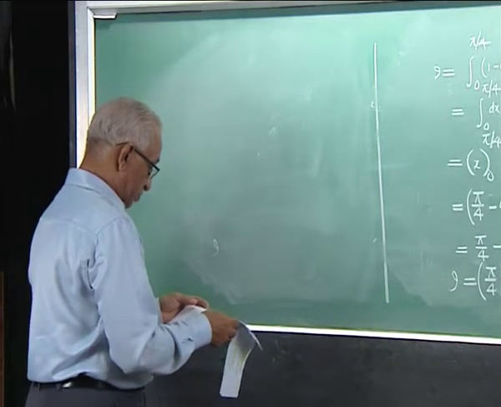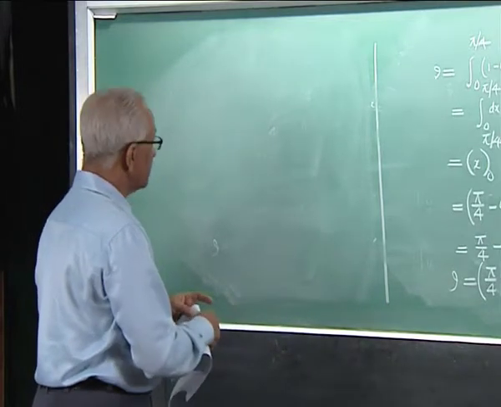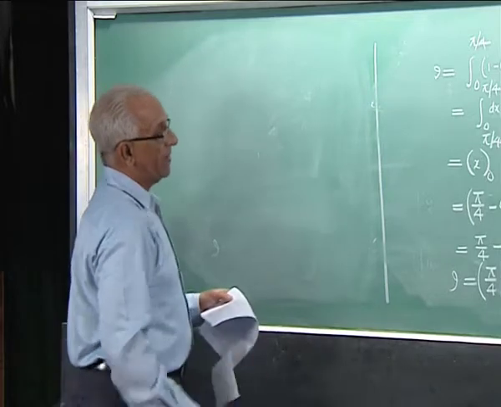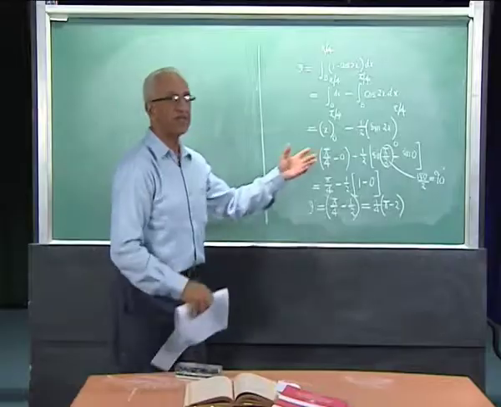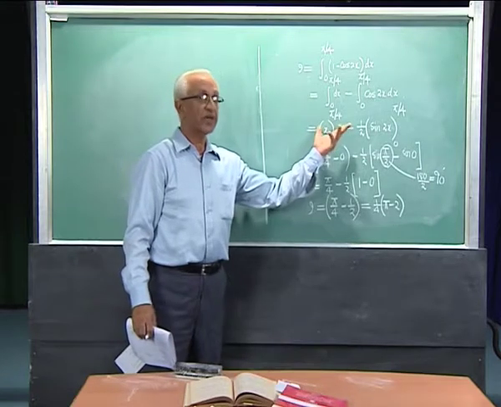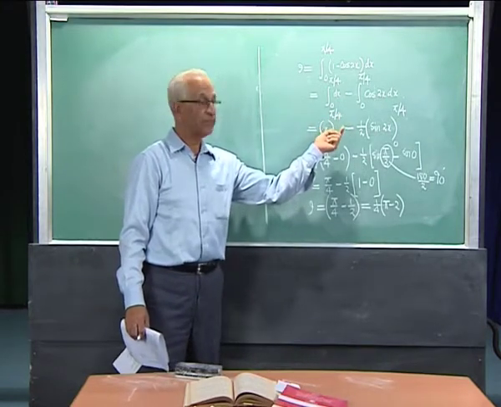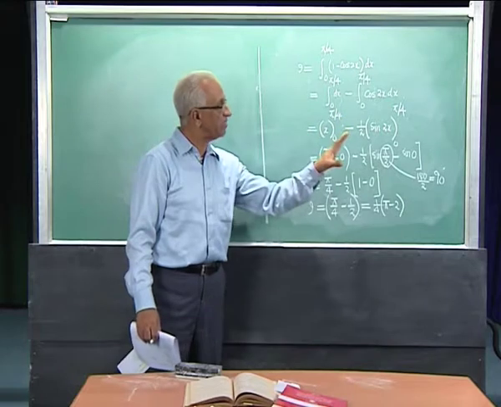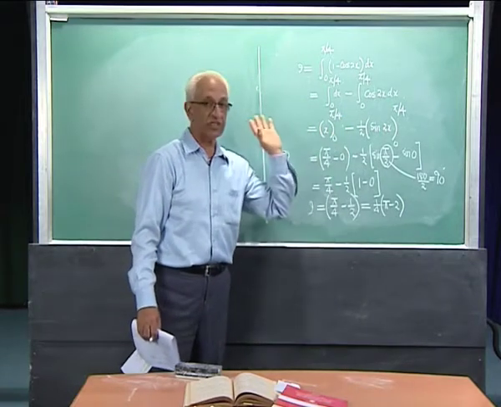We come now to something where we call it substitution. We have seen that in substitution we have change of variable, and in that change of variable the limits also change.